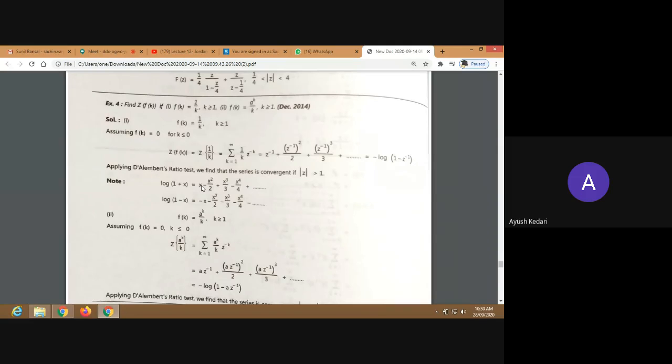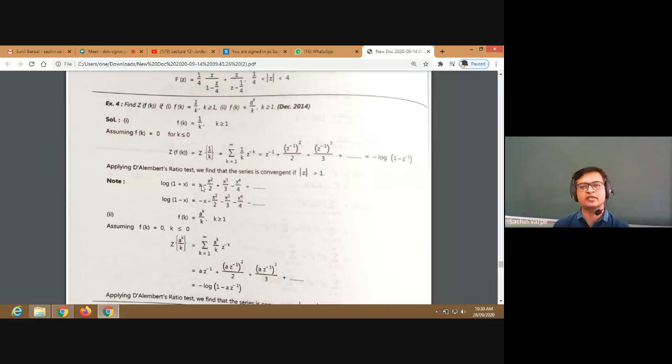Okay. Clear? Got it. So we cannot use that log of 1 plus x expansion. Here all the terms are given to be positive. So either we can write all positive or all negative, isn't it? So that is why we have used the second expansion by converting those positives to negatives. Is it okay, Ayush? Yes, I got it.